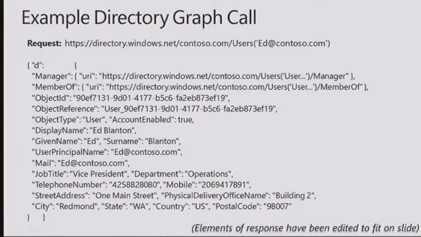Okay, so we can see various things in here. Let's just get the pen up. So, for example, I can see that his department is operations. I can see his given name is Ed.